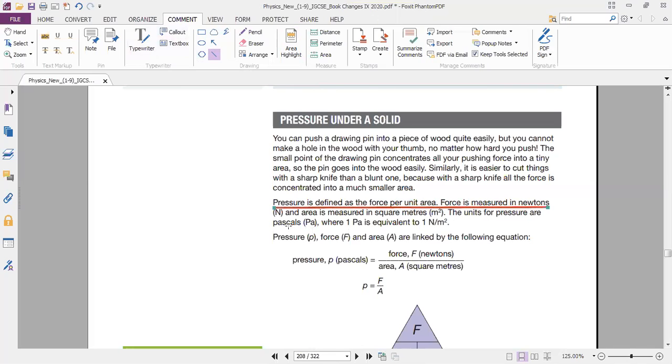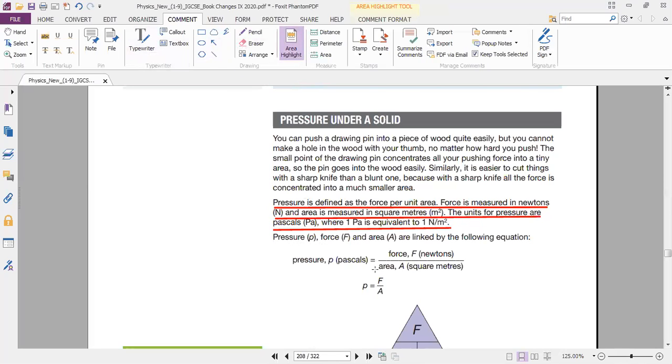Force is measured in newtons and area in square meter. So 1 Pascal is equivalent to 1 Newton per meter square. Pressure is expressed in lowercase p, force in uppercase F, area in uppercase A. So this is the formula of pressure.